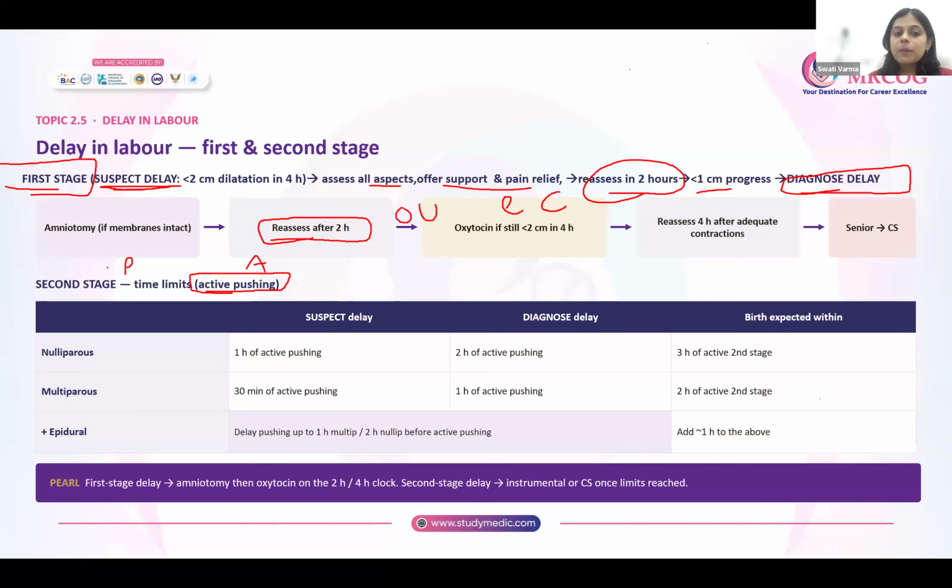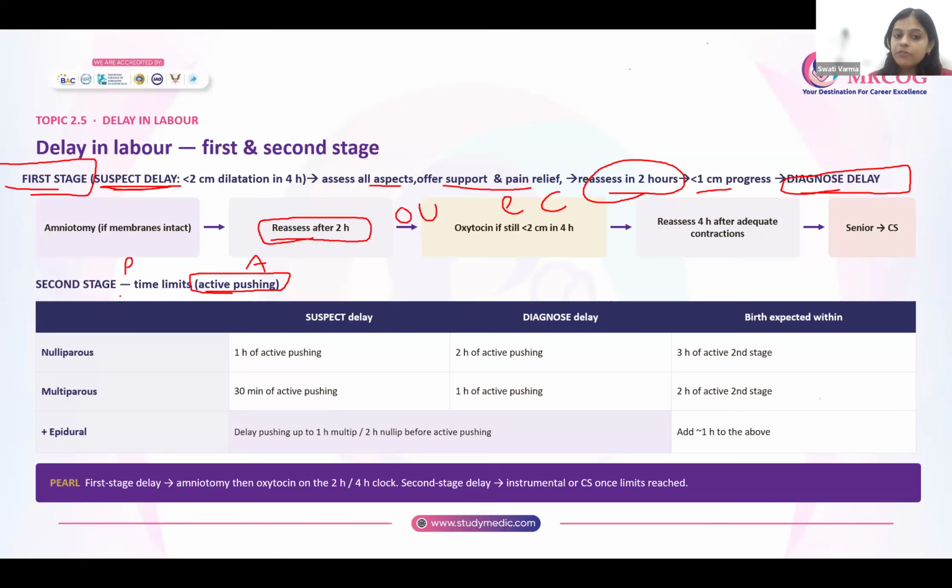Epidural prolongs the passive stage by approximately 1 hour. Especially in nulliparous women, suppose she became fully dilated at 5 a.m., then you can allow up to 1 hour, generally, of passive stage. If she's on epidural, it might be up to 2 hours.